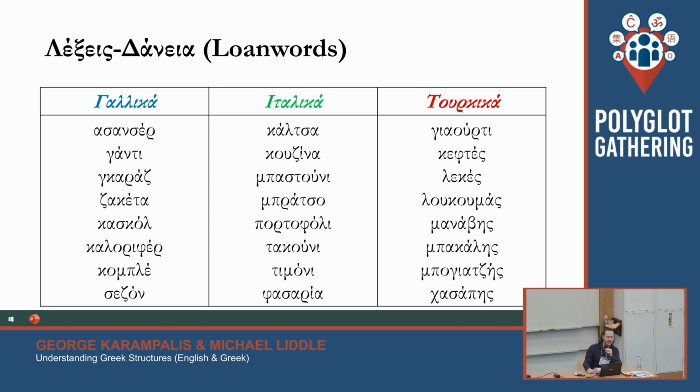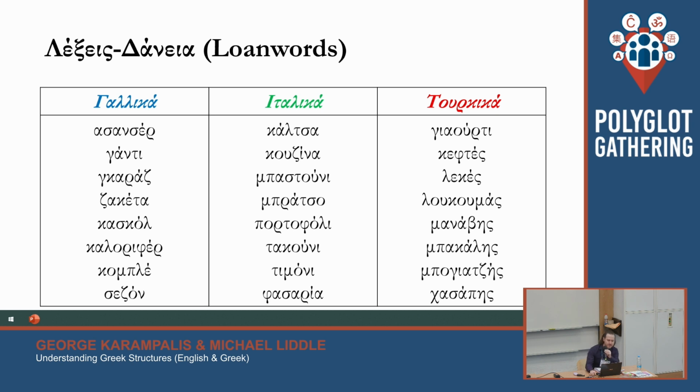Okay, garage, an easy one really. What sound change has happened here? We go from je to z because the Greeks don't have that sound; z is the closest. Zaketa is the same thing. It's jacket, but jaquette in French nowadays is for a book, isn't it? So zaketa is a vest.